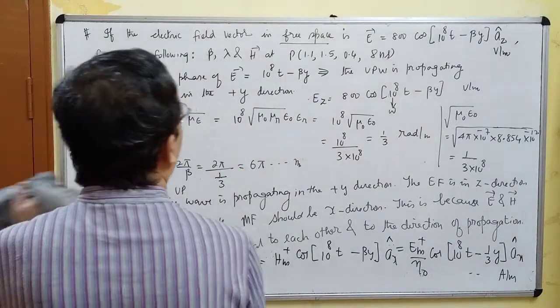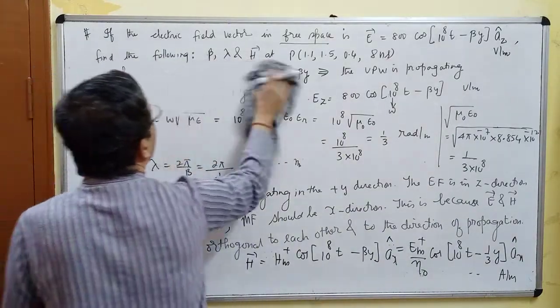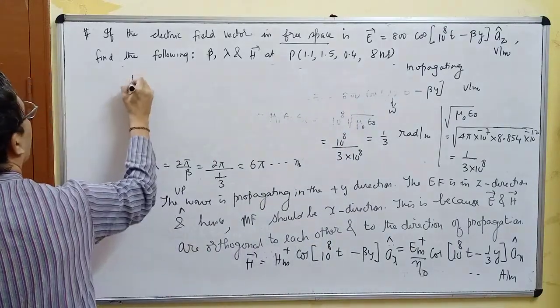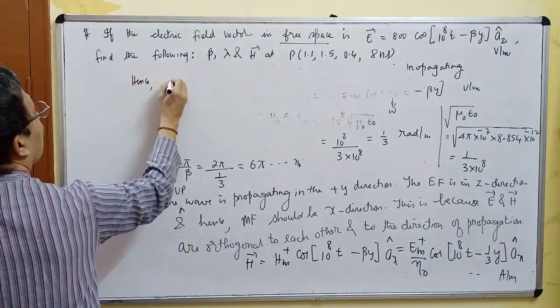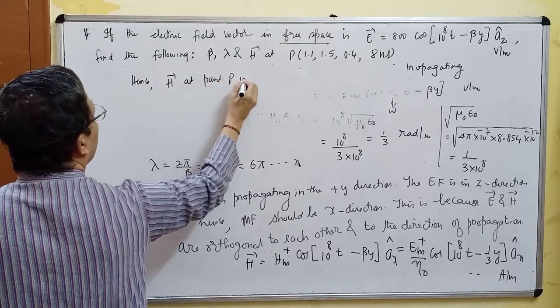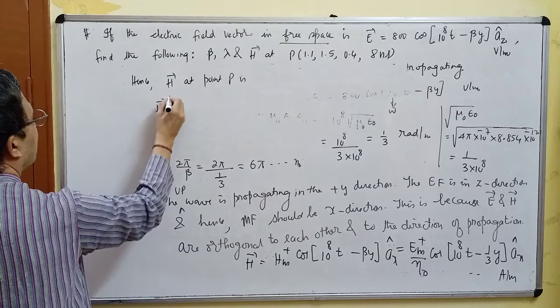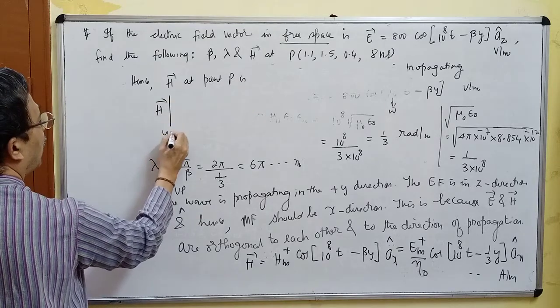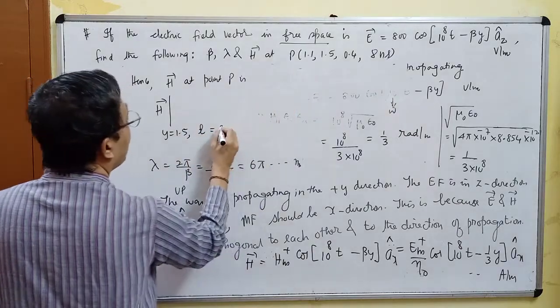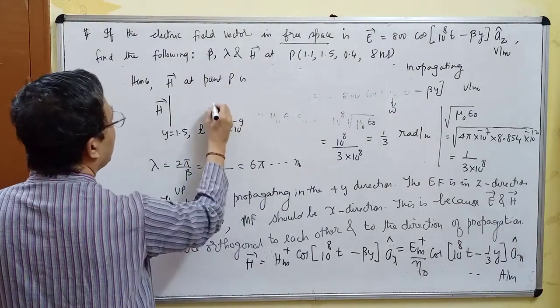Next, let us calculate vector H at point P. Hence, vector H at point P is vector H evaluated with y equal to 1.5, t is equal to 8 into 10 to the power minus 9.